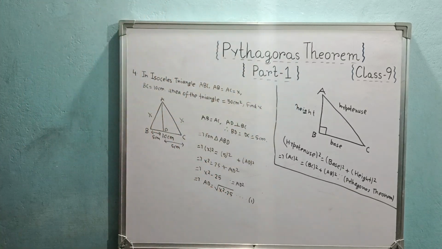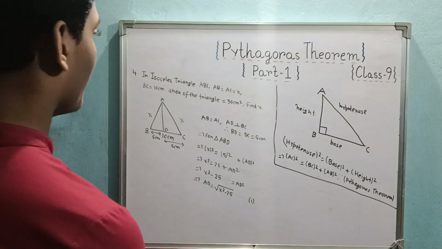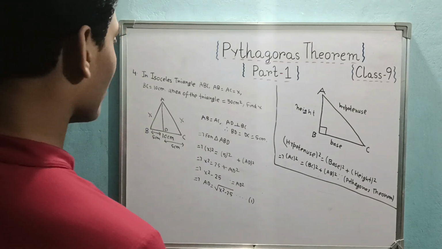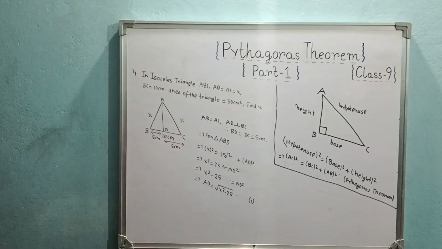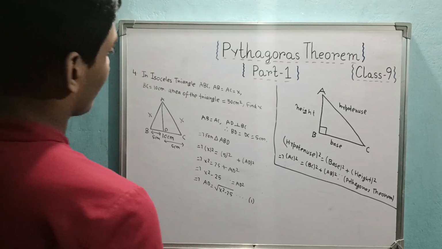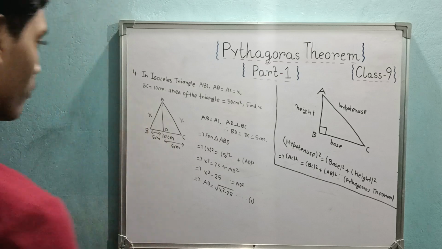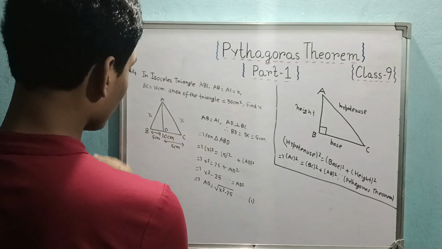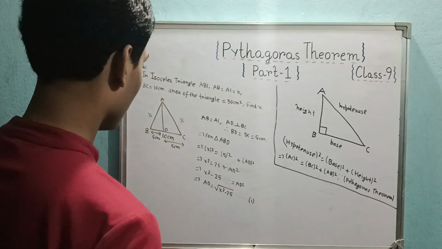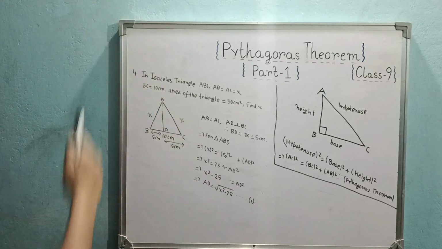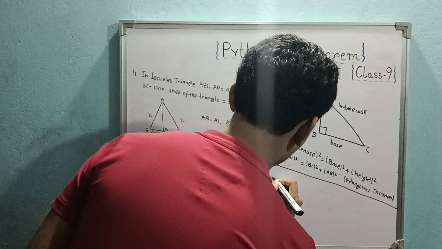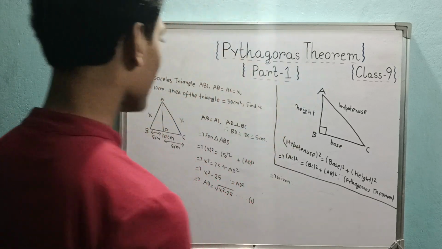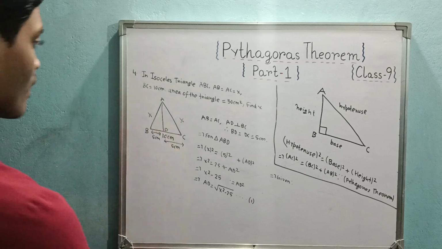Now we have been given another thing. Area of this triangle ABC is 50 centimeters square. So for an isosceles triangle, area is half into base into height. It's half into BC into AD. Now what can I write is, given area is 50 centimeters square. So what is the area of this triangle?